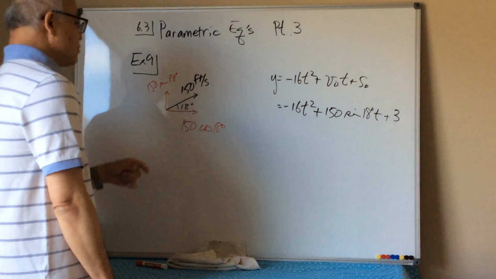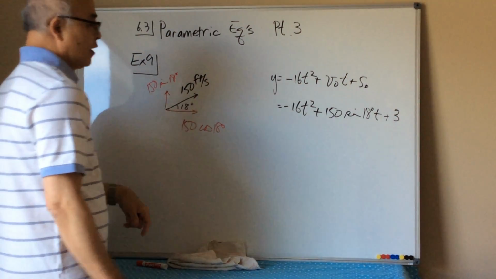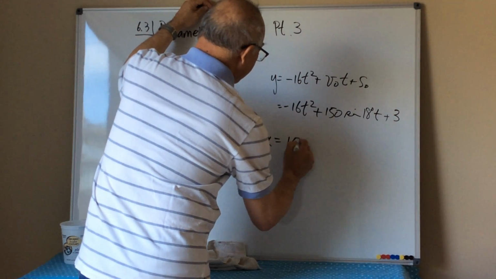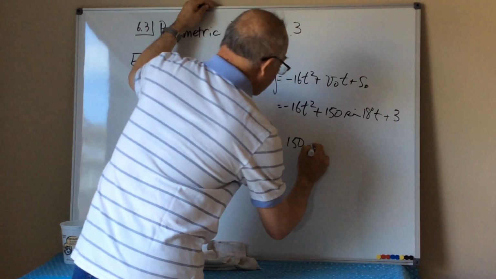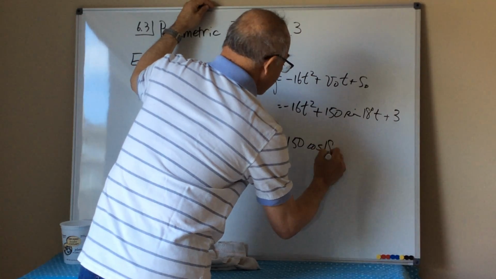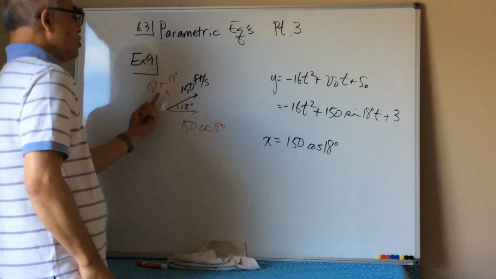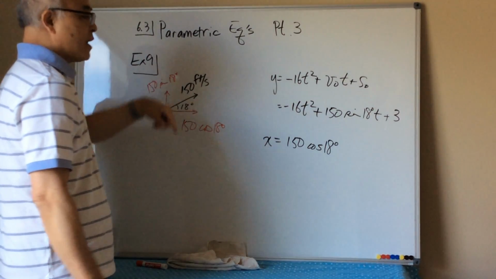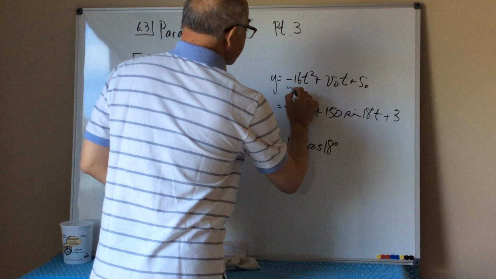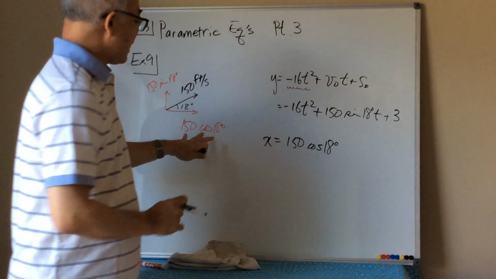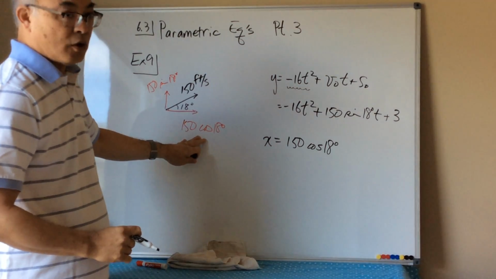Now what's happening in the x direction? In the x direction, you're going this way, so you have 150 times cosine 18 degrees. In the vertical direction, you had gravity working against you, and that was represented by the negative 16t squared. Now in the x direction, there is no gravity.